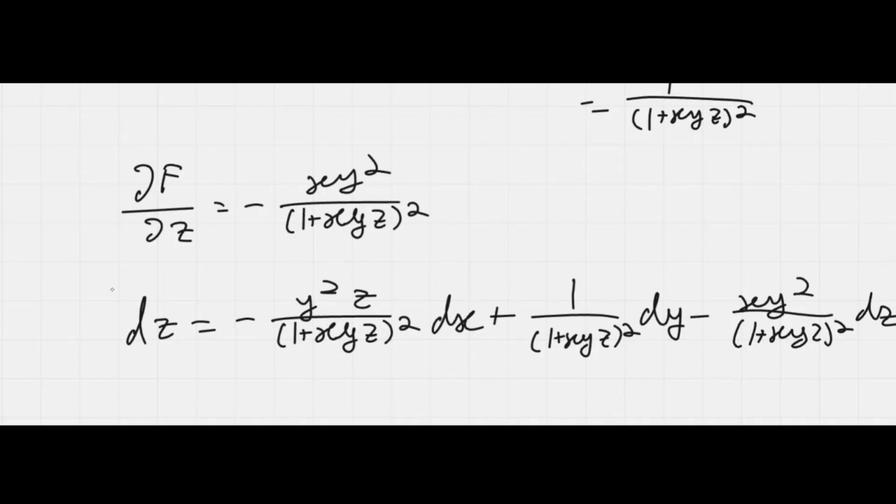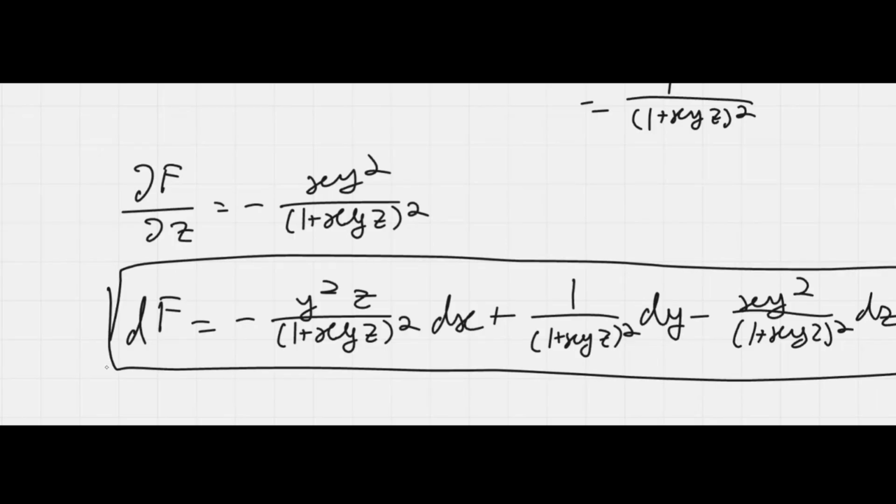And so that is our total differential. This should not be dz, instead it should be df. So again, that is our total differential. What we did is we found all of our partial derivatives, multiplied them by dx or dy or dz, and that is how we're defining df, our total differential. And thus that is the answer to this problem.